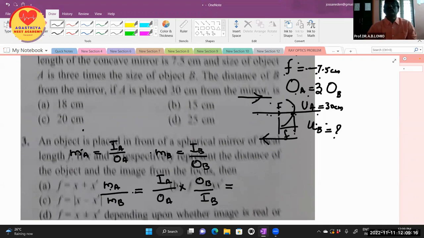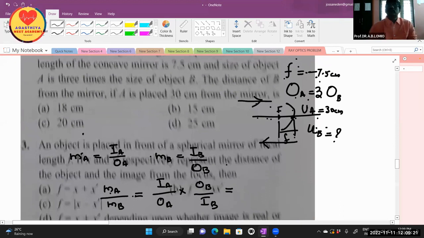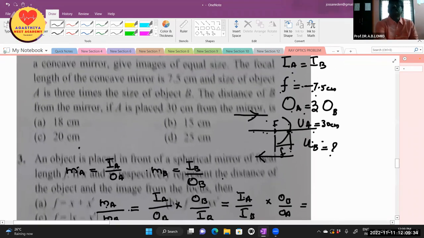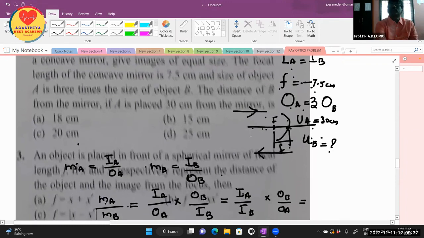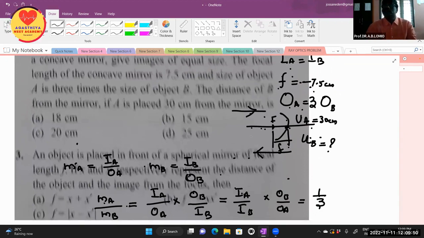Now IA, OA, OB, IB, how are they related? They have given the relation between IA and IB, and OB, OA. IA is equal to IB. So OB divided by OA is 1 by 3. Correct? IA and IB cancel because both are equal.